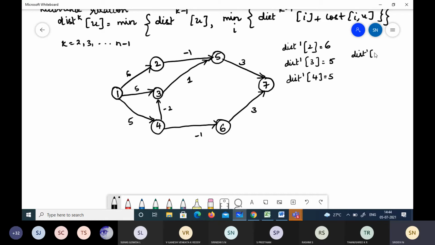You all are familiar with these things now. So the distance from 1 to 5 is infinity, right? Again, the distance from 1 to 6 is infinity, and also to 7 it is infinity. Is it clear till here?